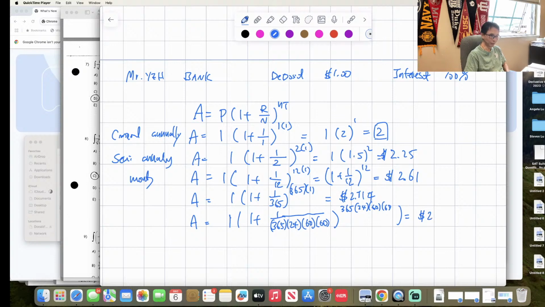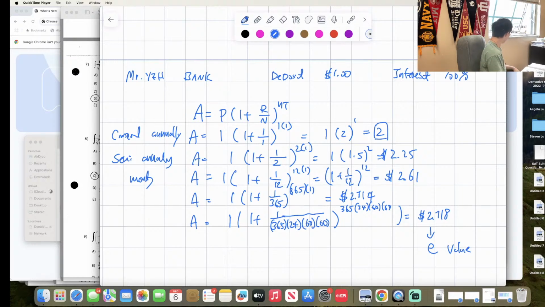Does that sound very familiar? Isn't that the one? That's E. That's E. The value of E is as if I give you 100% interest and I calculate every single second I can possibly calculate.